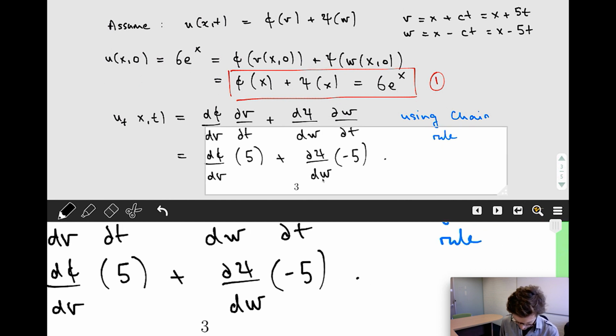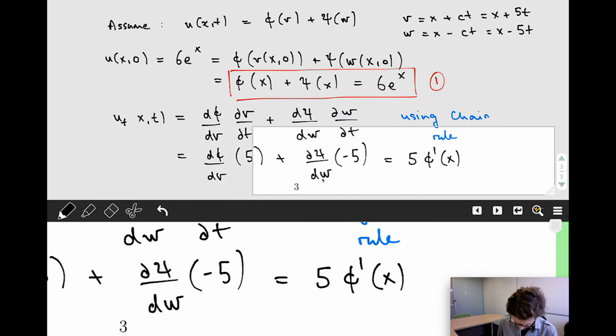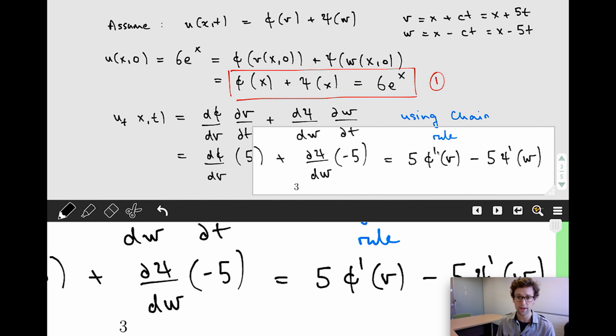So I can write that using a shorthand notation, 5 phi prime at v minus 5 psi prime at w. So prime here just means I'm taking the derivative of phi with respect to its argument v, and prime here means I'm taking the derivative of psi with respect to its argument w.